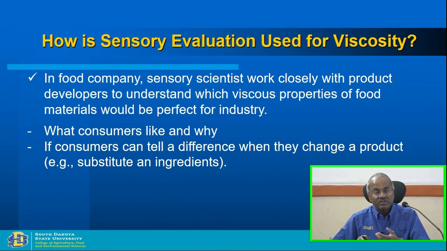So if consumers can tell a difference when they change a product or substitute an ingredient, that will allow them to work on a better product, and that is the bottom line for the economics of the whole industry. At the end of the day, they have to make money, right? So they need to make sure that they satisfy consumer needs and give a quality product to the consumers.